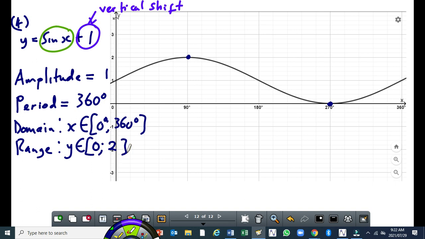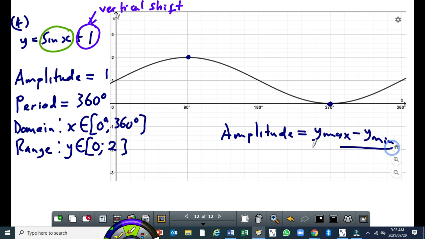Then, if you want to do a calculation of the amplitude to verify, or if you can't determine it from the equation, your amplitude is equal to y max minus y min all over 2, right?